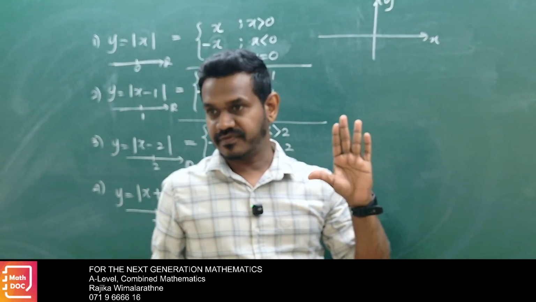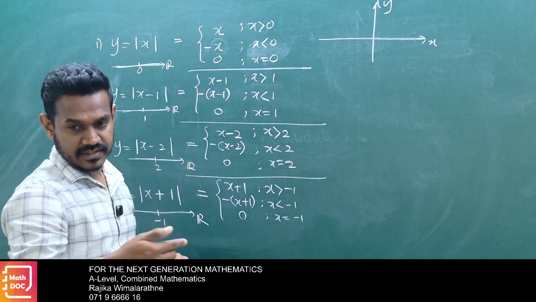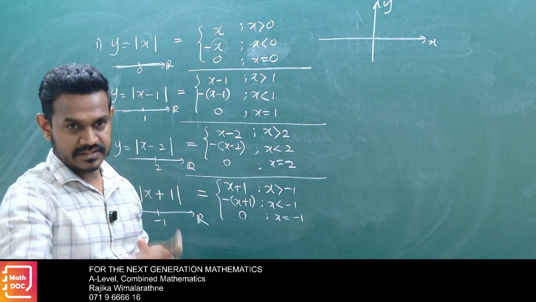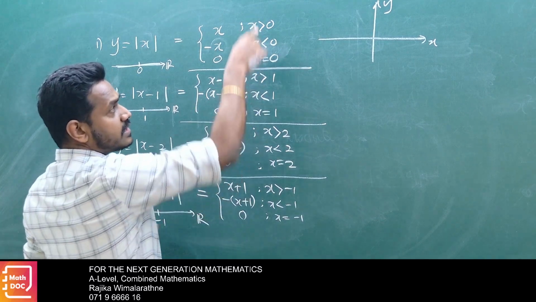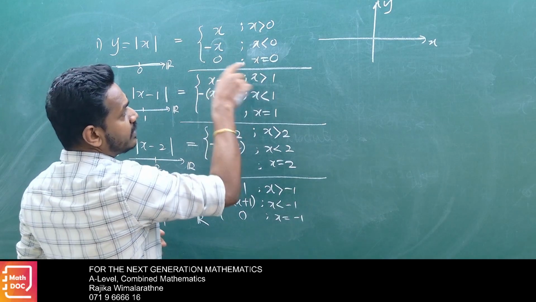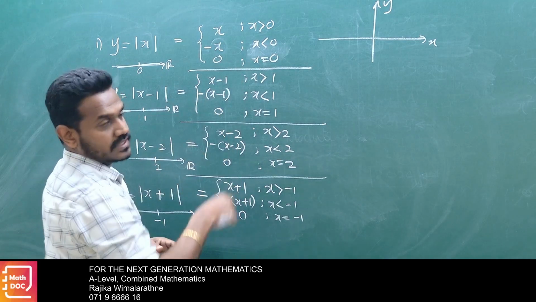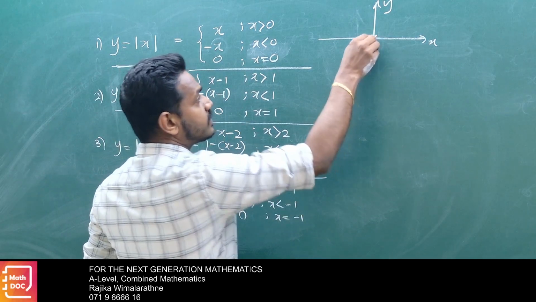Usually x comes first, no? So usually we write the x coordinate at the beginning, then the second one will be the y coordinate, but here it is somewhat different. Here x and here y. Then you take coordinate 0, 0 first. Here this is coordinate 0, 0, mark it.